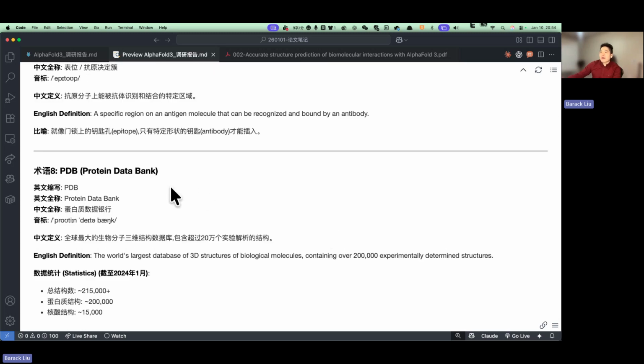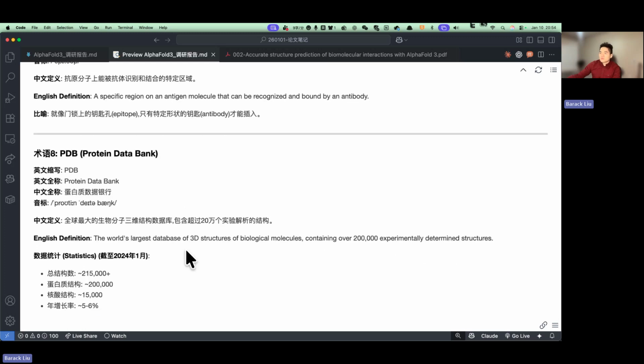PDB, Protein Data Bank: the world's largest database of 3D structures of biological molecules, containing over 200,000 experimentally determined structures.